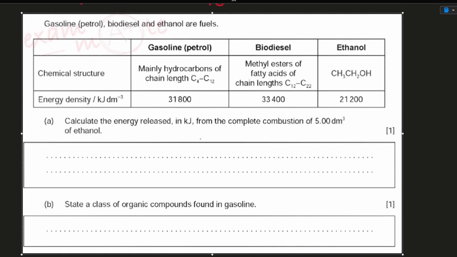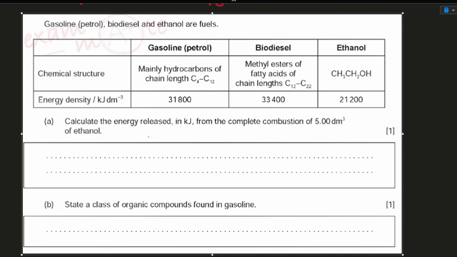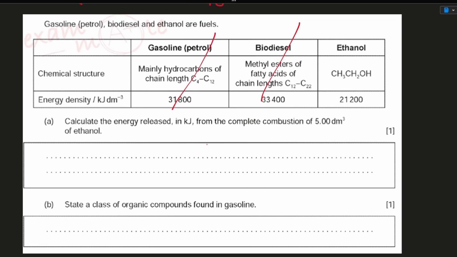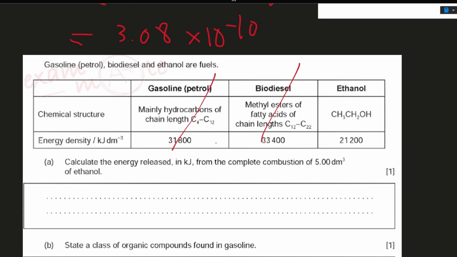And part A asks us, calculate the energy released in kilojoules from the complete combustion of 5 decimeter cubed of ethanol. So immediately we know that we're dealing with ethanol only, so we can immediately cross out these two. We can see that the energy density of ethanol is 21,200 kilojoules per decimeter cubed.